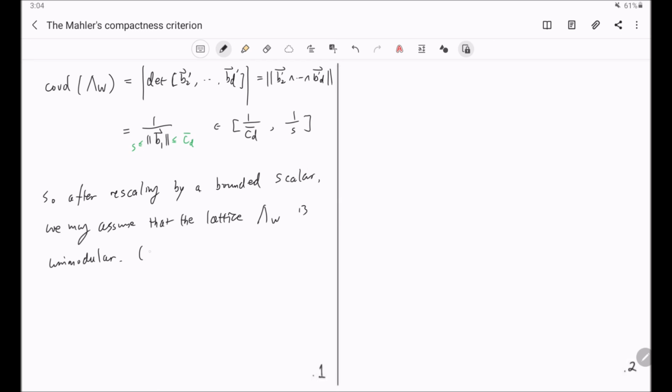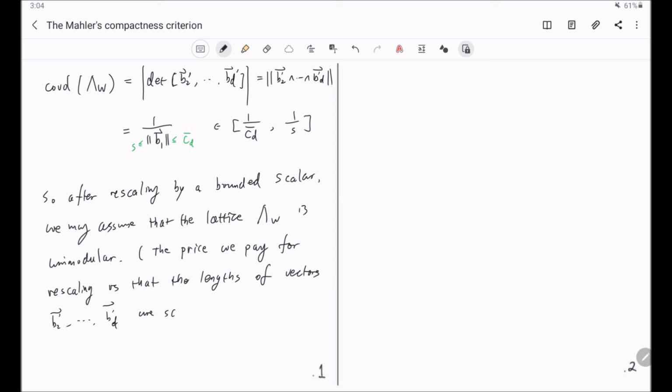And I should emphasize that the price we pay for rescaling is that the lengths of the vectors B2' through BD' are scaled by a constant that only depends on d and S. This part is the most important part.